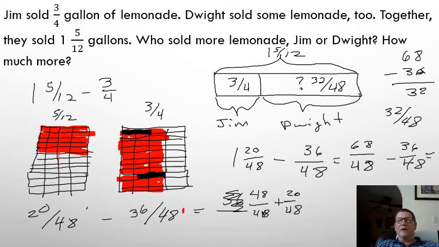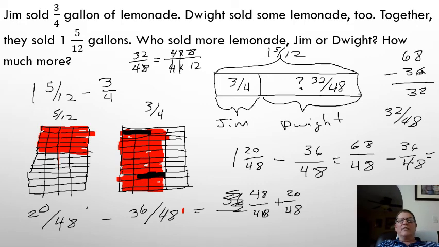Well, let's compare them. In order to compare them, we need to do some reducing. And I'm going to do it this way, 32/48. And I want to see if I can get 4s out of them. Because I know 32 is 4 times 8, and 48 is going to be 4 times 12.